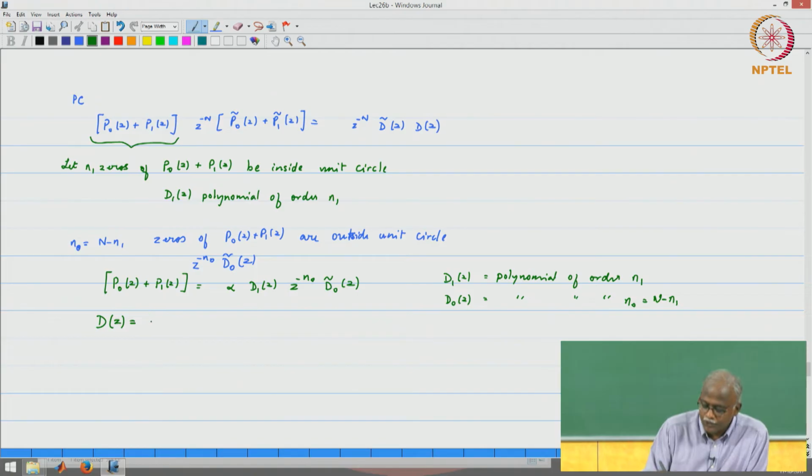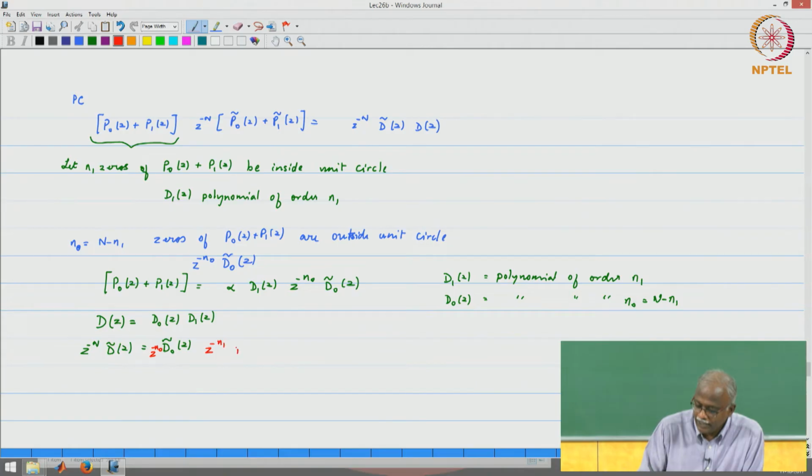So if I visualize d of z as d naught of z times d1 of z, z power minus n d tilde of z is d naught tilde of z, which will be z power minus n naught, then z power minus n1 times d1 tilde of z.